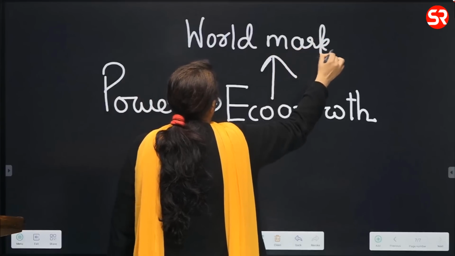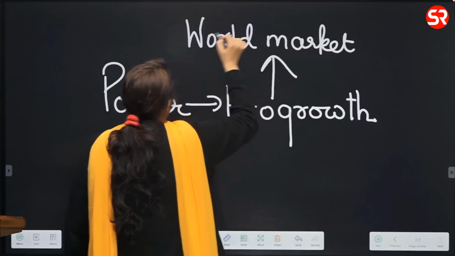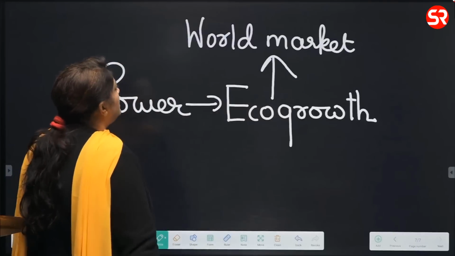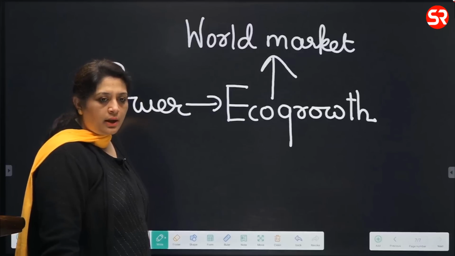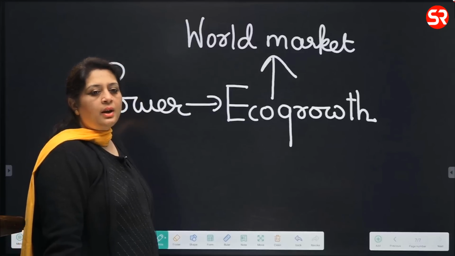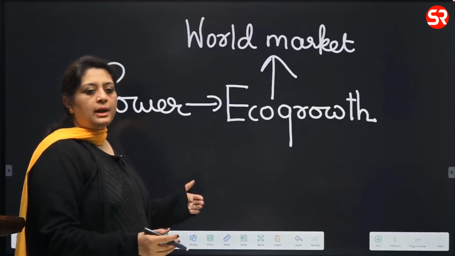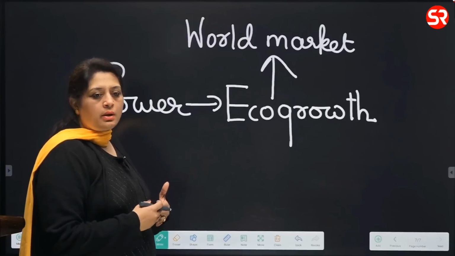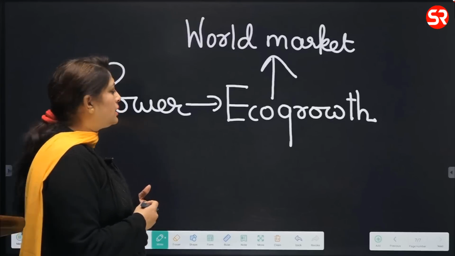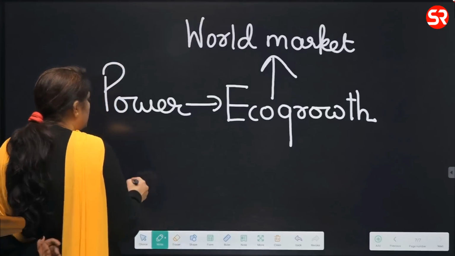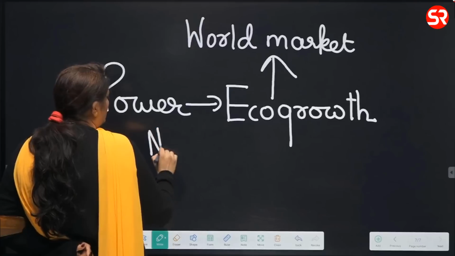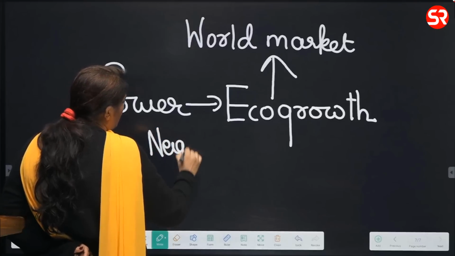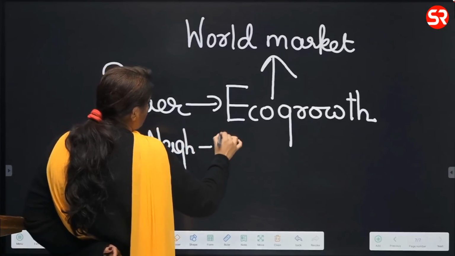If there is a disruption in the global supply chain and countries turn protectionist and focus on regional integration, at least for India it will be very, very important because the neighbors are our first market.